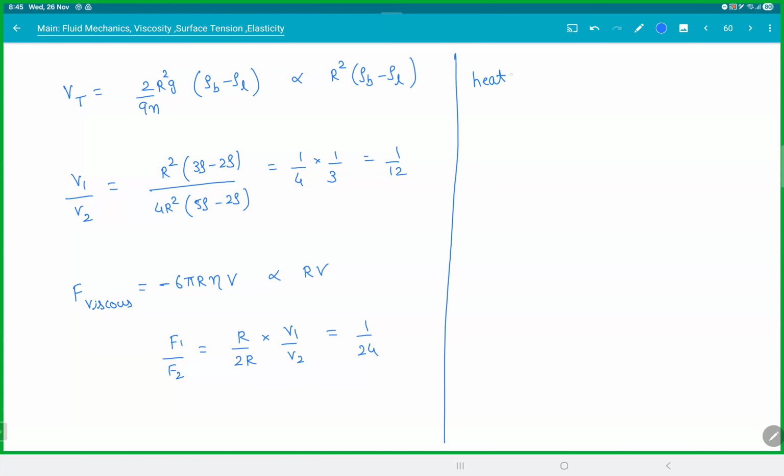What is the heat produced per second? Heat produced per second is nothing but force into velocity. So H1 by H2 will be F1 by F2 times V1 by V2. 1 by 24 and 1 by 12. 1 by 288. Clear with this?